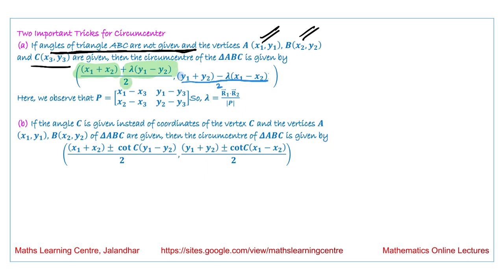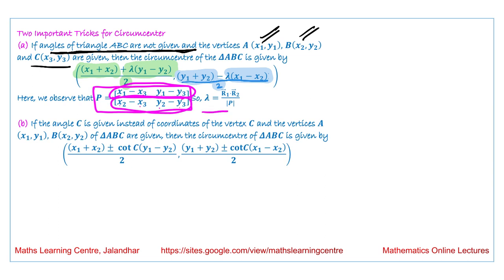And the y coordinate is given by (y1 plus y2 minus lambda times (x1 minus x2)) divided by 2. And to find the value of lambda, we will look at this matrix P. The first row is x1 minus x3, x2 minus x3, and the second row is y1 minus y3, y2 minus y3.